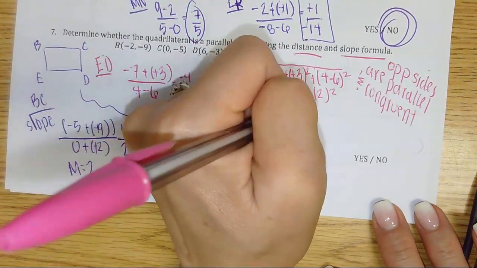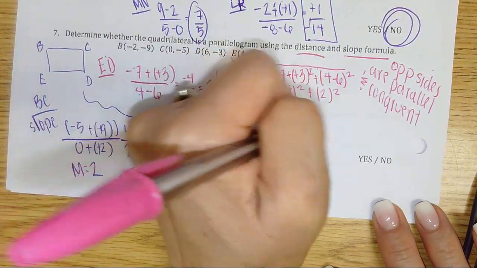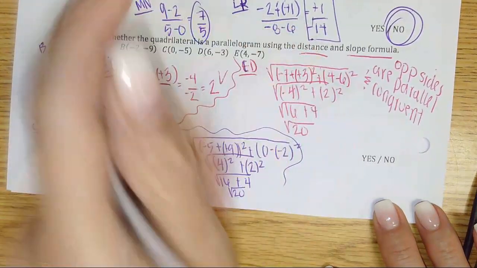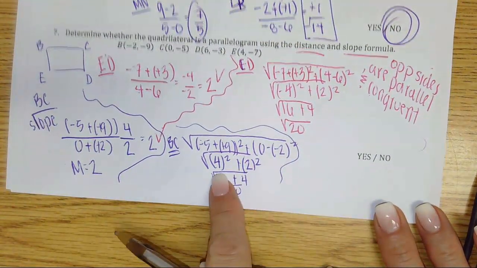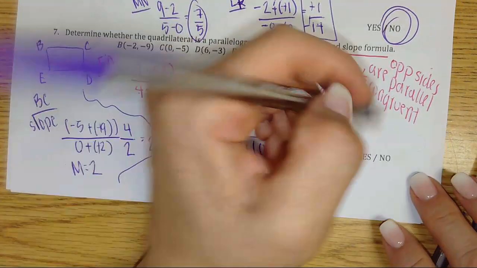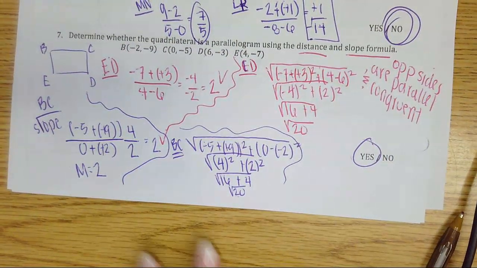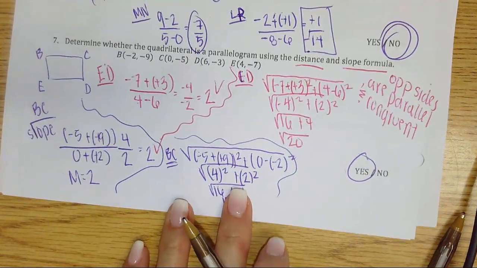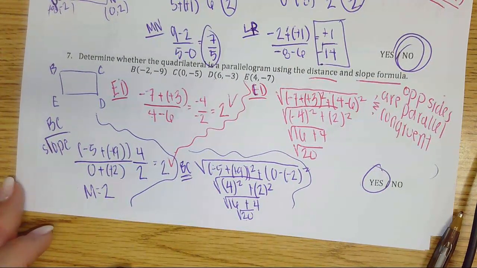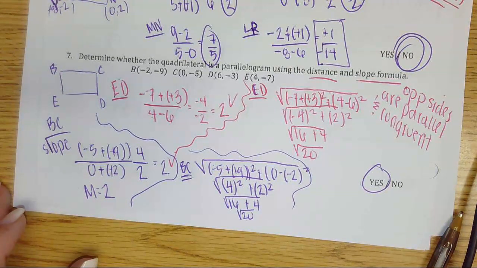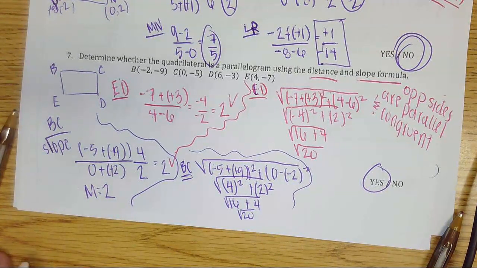Again, 16 plus 4, which will give me rad 20. So yes, it is a parallelogram because the opposite sides are congruent and parallel. All right, that's that section. We will move on to triangles next.